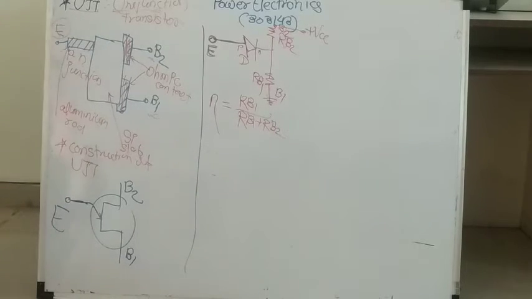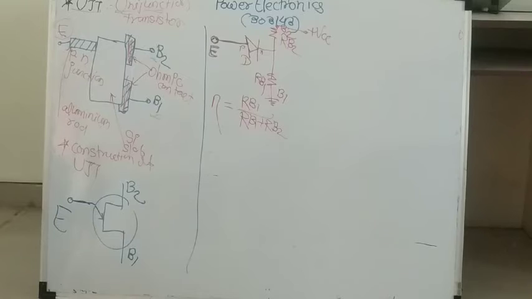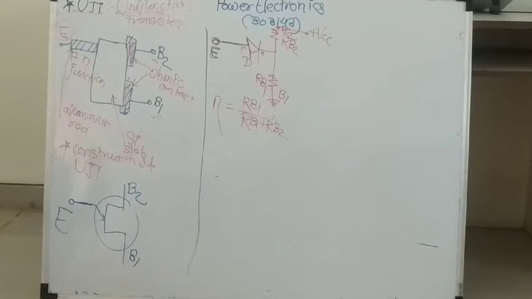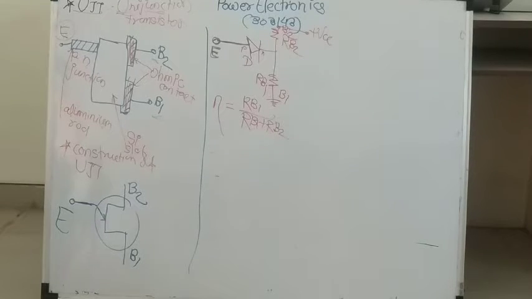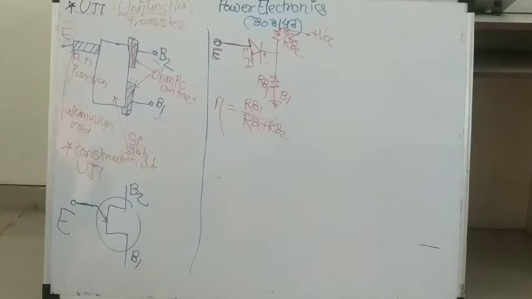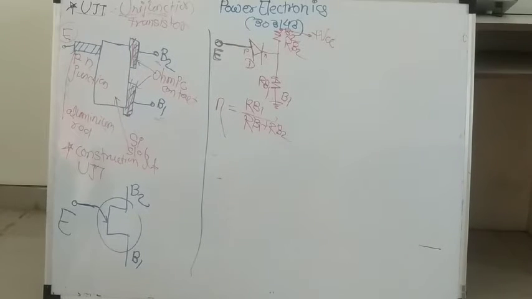The equation for this is RB1 upon RB2 plus RB1, that is total resistance. This total resistance RB1 plus RB2 is also denoted by RBB. This is the equation for intrinsic standoff ratio.